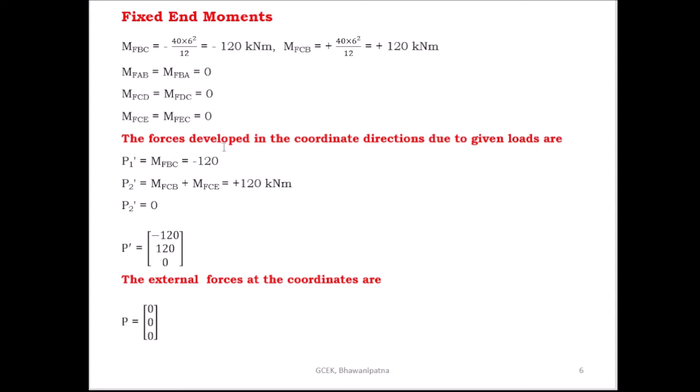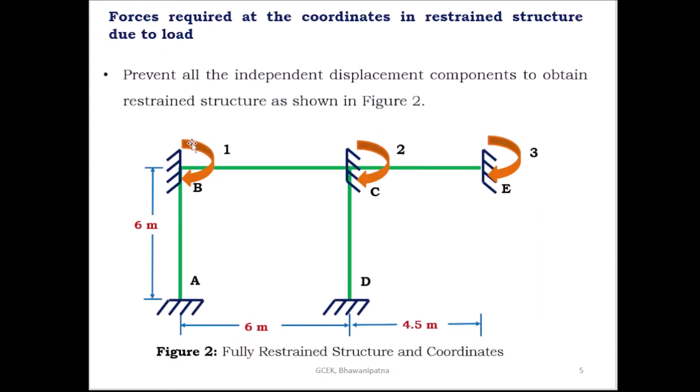Then find out the forces developed in the coordinate directions due to the given loads. So here find out the force in the coordinate directions 1, 2 and 3. Here you got MFBC and MFCB.